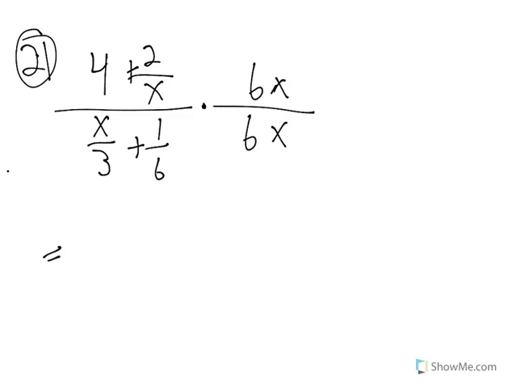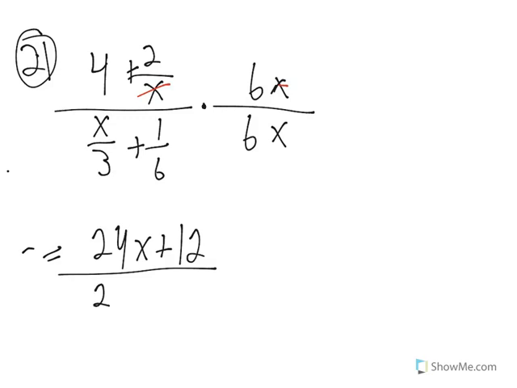And so up top, we distribute that. 6x times 4 is 24x, plus the x's cancel in the second half, and 2 times 6 is just 12. Over, now in the bottom, that 6 over 3 is just a 2, and then x times x is x squared, plus the 1/6 times 6 cancels out, leaving just the x.